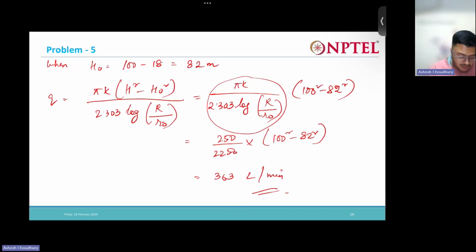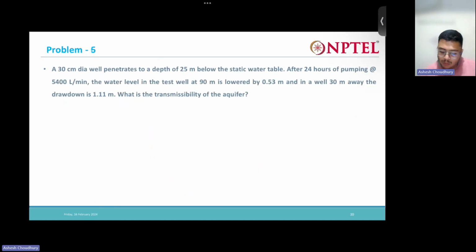Now let us solve a problem similar to whatever we discussed before, with test wells. A 30 centimeter diameter well penetrates to a depth of 25 meters below the static water table.